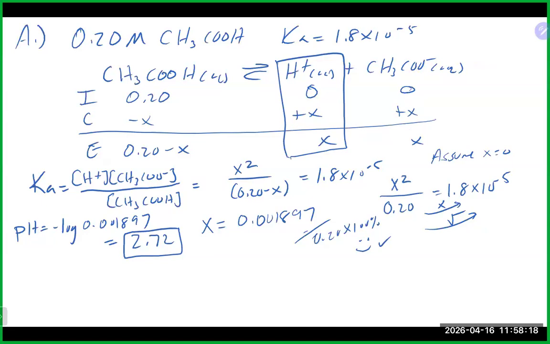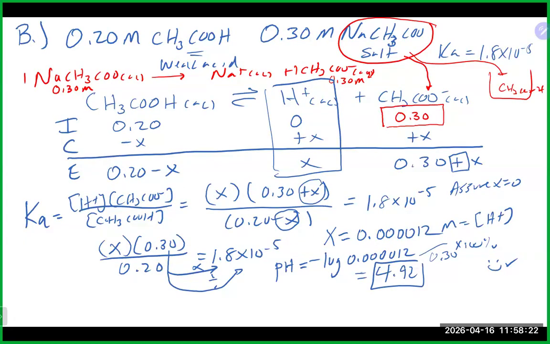In this situation, we have Le Chatelier's principle happening, because the addition of this causes the equilibrium to shift this way, and that lowers the free H plus in the solution. That results in a higher pH in comparison to the weak acid by itself. Any questions?